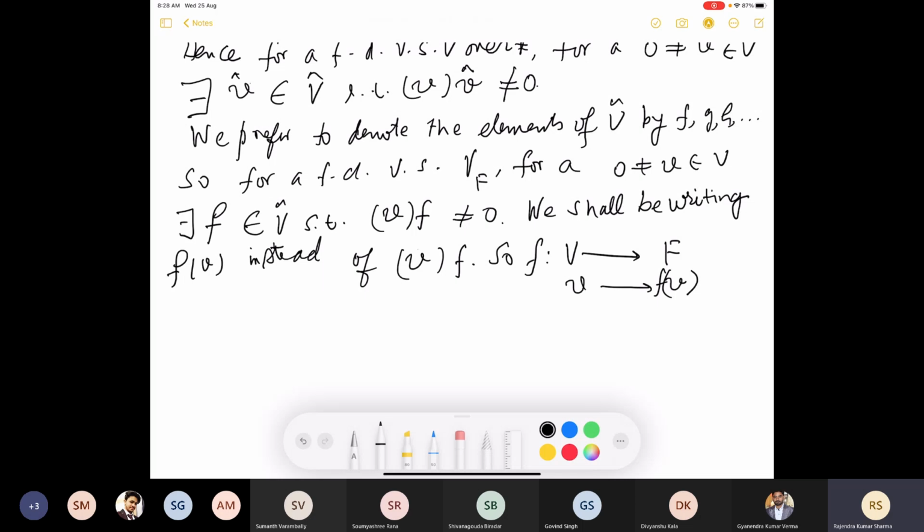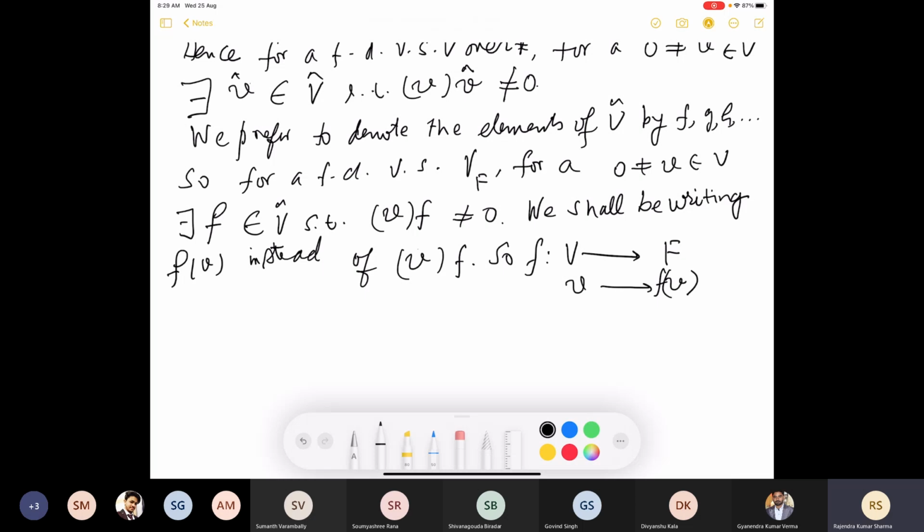And also you can recall that corresponding to every vector v, we have defined this as v hat, and this v hat we are now writing as f.